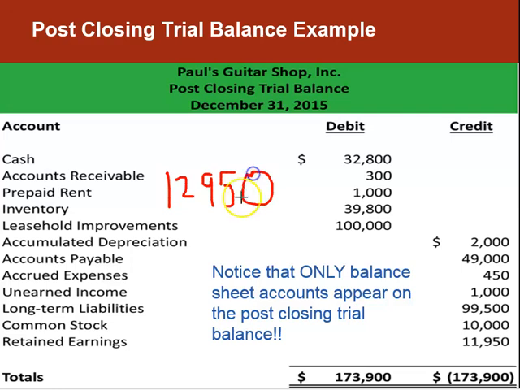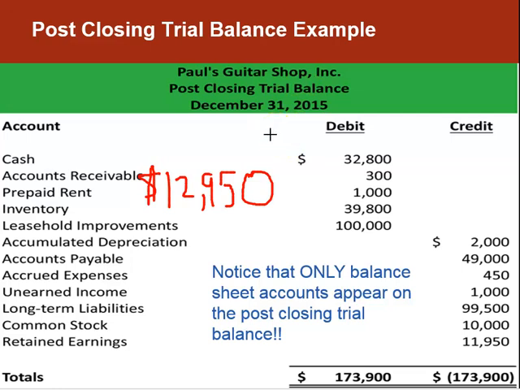Based on some other things I saw, it appeared to me that Paul's Guitar Shop was a brand new business, meaning that in 2014 the business didn't exist, and for most of 2015 it didn't exist.